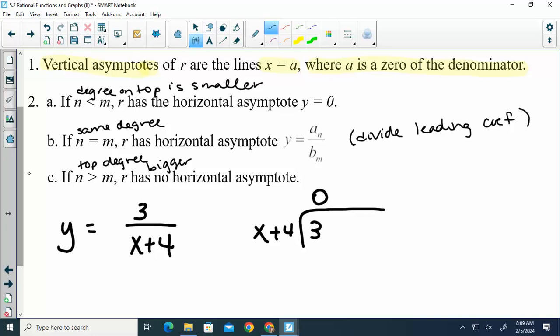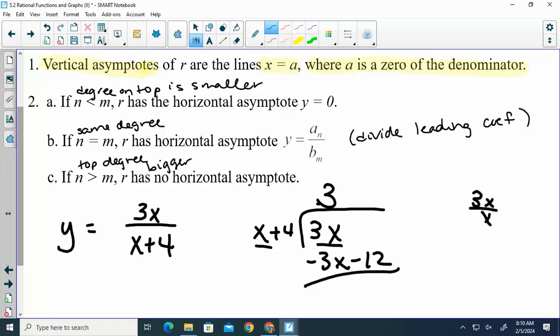Now if it's the same degree, let's say I make this a 3x. If you were trying to do long division, that means you would have to do 3x divided by x. Can we do that? What do we get? 3. And then anything beyond that would be a remainder, right?